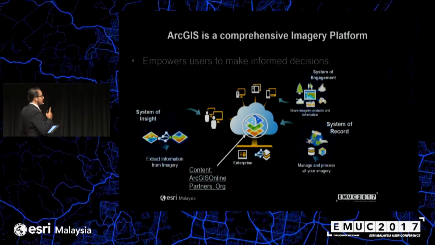The fourth step is content. We cannot have image processing software without an imagery source. In ArcGIS Online, especially the Living Atlas, we can see imagery coming from DigitalGlobe, Landsat, SPOT, WorldView, and so on. Now all of this is available in ArcGIS Online.